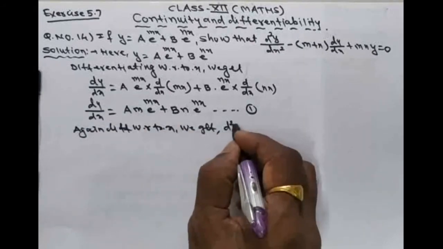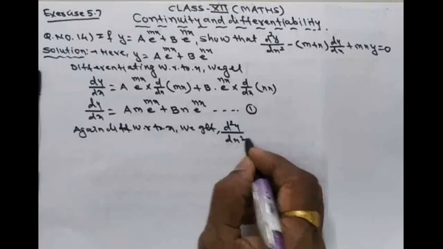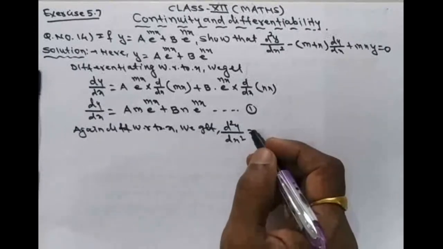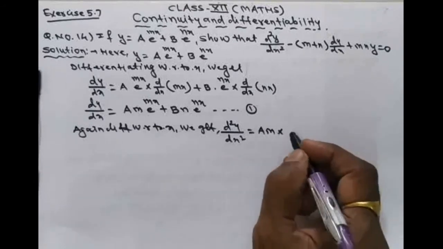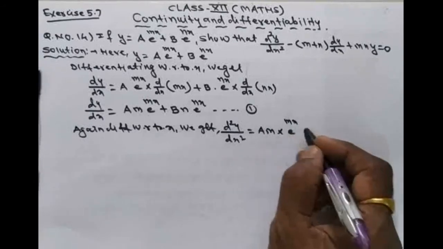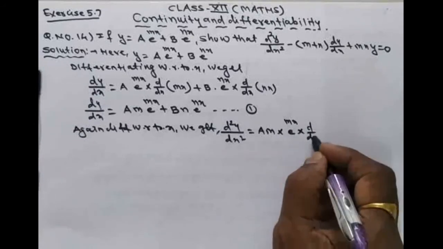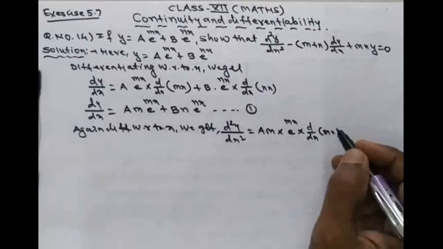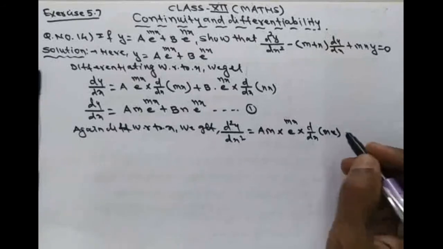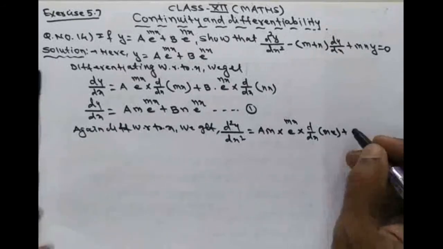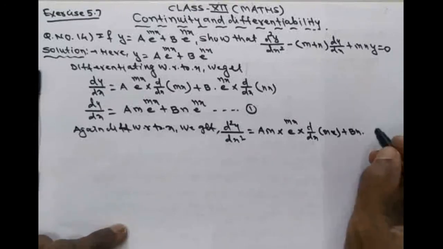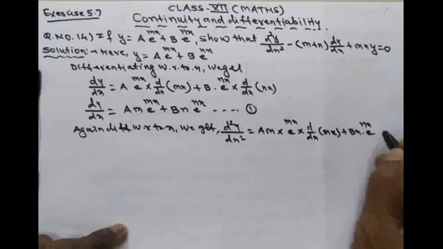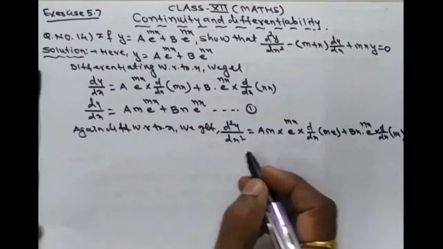So d square y by dx square equals m, a and m are constant numbers, so into derivative of e raised to the power mx is e raised to the power mx into derivative of mx, plus b into n, derivative of e raised to the power nx is e raised to the power nx into derivative of nx.